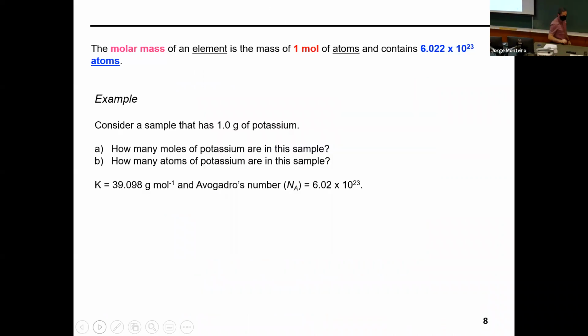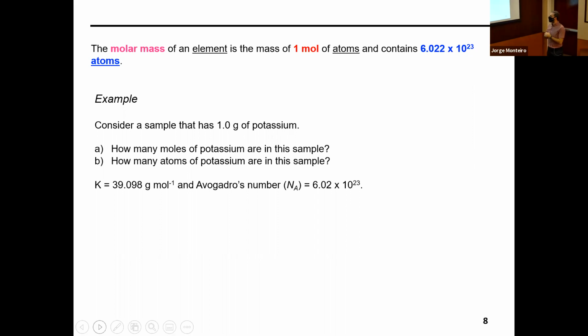Okay, so let's solve one example here, then I will show you the logic. Consider a sample that has 1 gram of potassium. First question is, how many moles of potassium are in the sample?